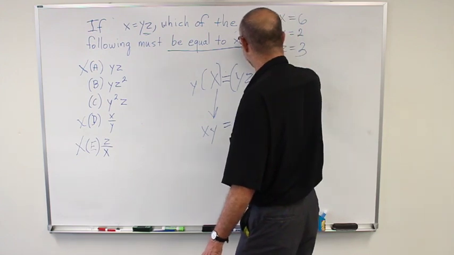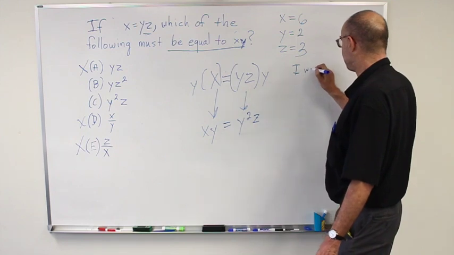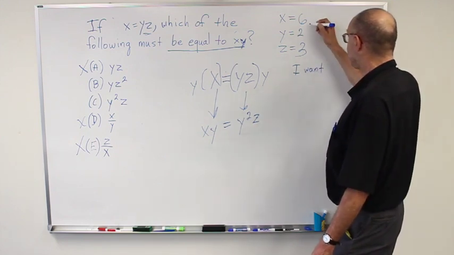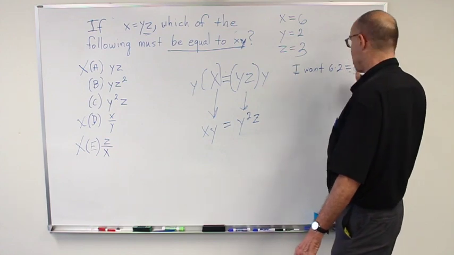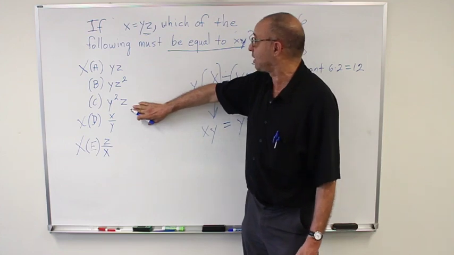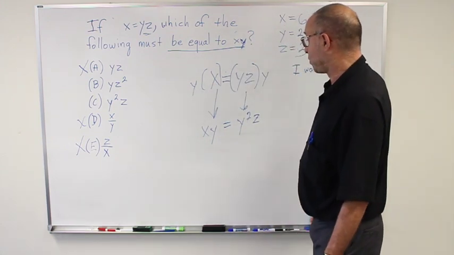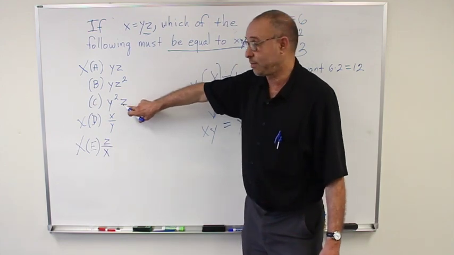The next step when using this process is to figure out what the answer would be when you use those values. What is the value of x times y? I want the answer to be 6 times 2, 12. And when you go to the answer choices, the only one that equals 12 is letter C, which is y squared, 2 times 2 is 4, times z, 3 makes 12.